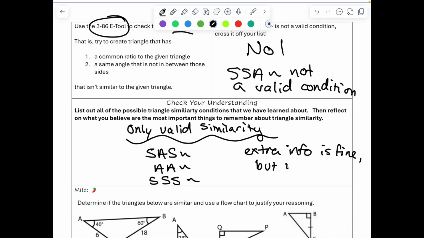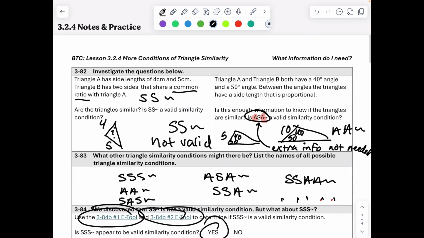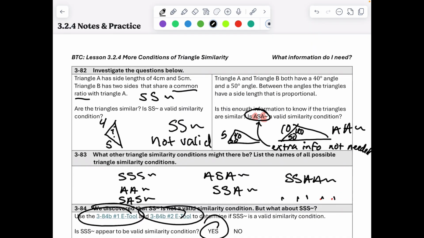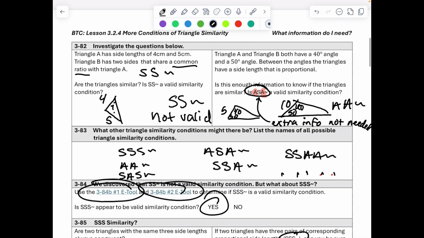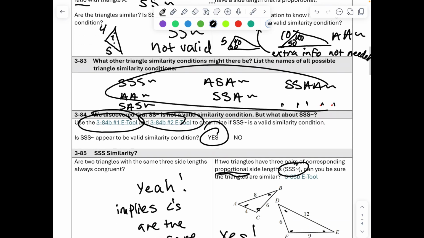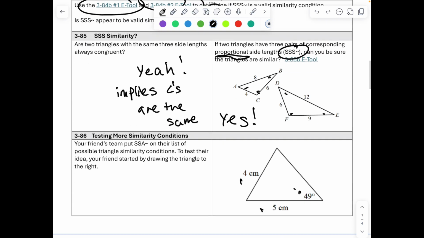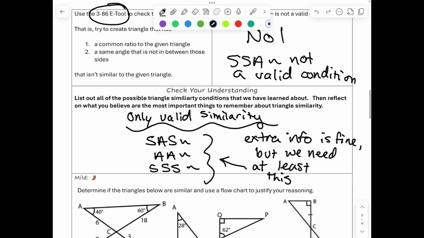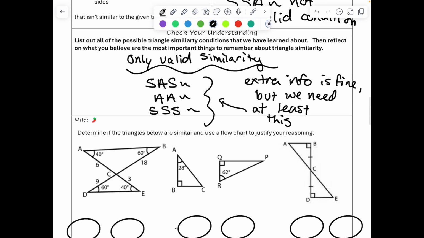But we need to have at least this. Okay? So yeah, this lesson was just playing around. I think it would have been more engaging in class, just playing around with maybe some other conditions, seeing if they work. But the conclusion is that these three conditions are the only valid similarity conditions.